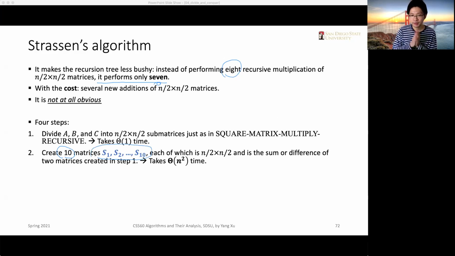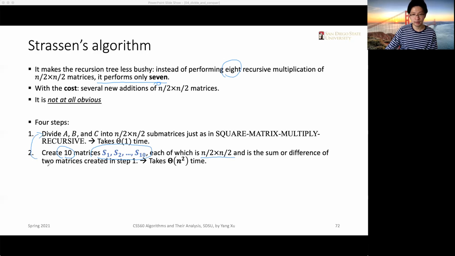Each of these intermediate matrices is also n/2 by n/2, and it's actually the summation or difference of 2 matrices created in step 1.